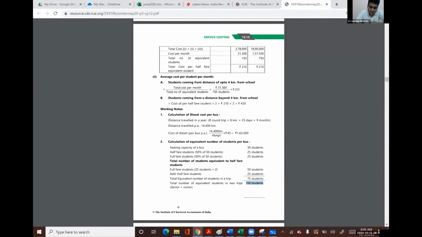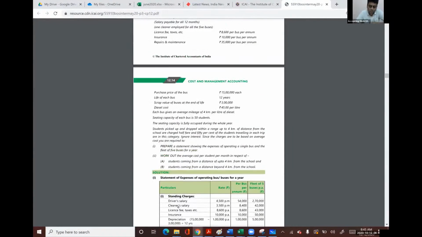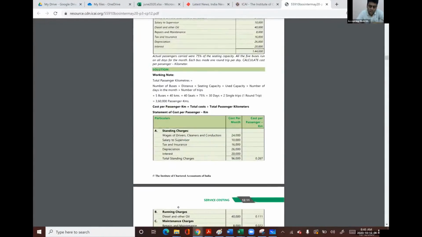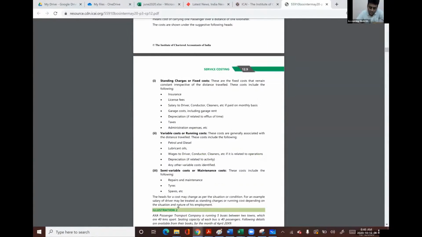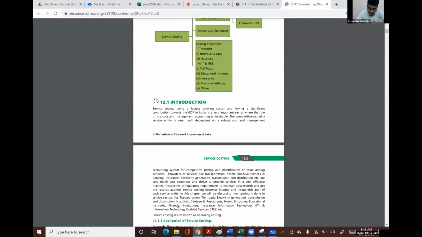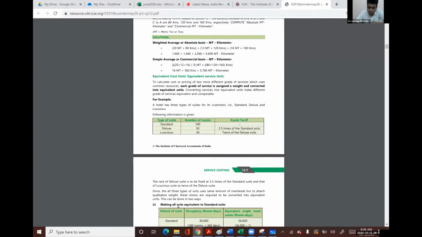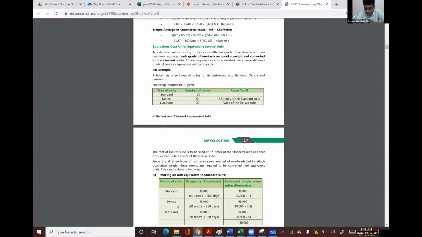The same logic can be applied to the hotel business also. The hotel business works in the same way. Why? Because there are so many costs in the hotel business, and yet the room sizes are different. There are standard rooms, deluxe rooms, and luxurious rooms.